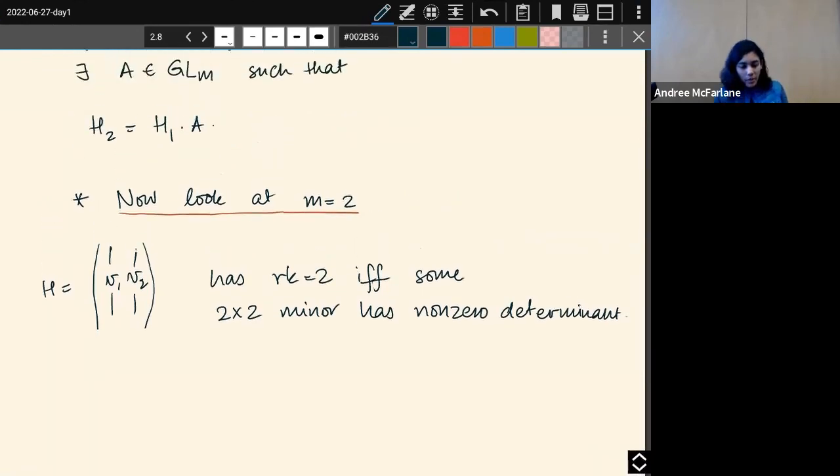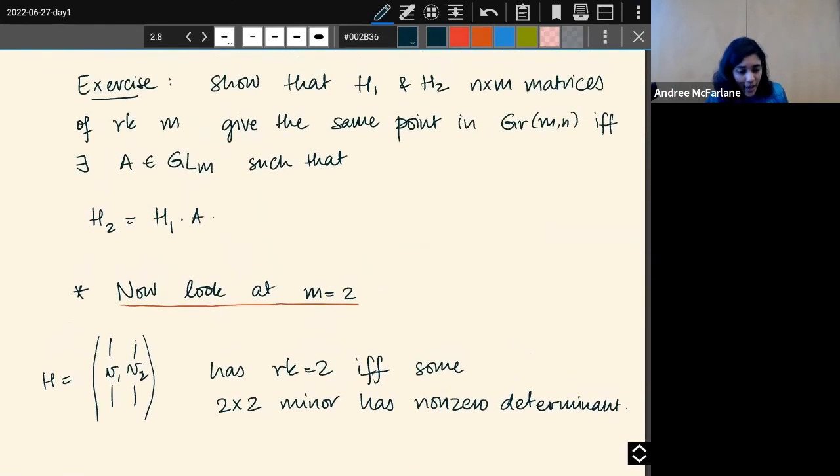Okay, but of course we just discussed that two matrices could represent the same point in the Grassmannian, and what happens to 2 by 2 determinants if I multiply a matrix on the right by a 2 by 2 matrix? Its determinants multiply, and so they just get scaled.